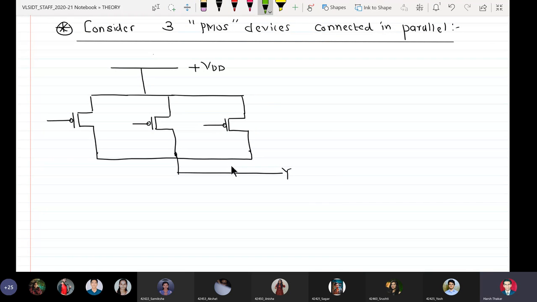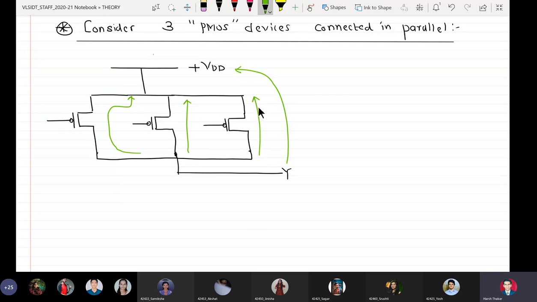There are three possible paths between Y and VDD. So I know that I have to connect this point here. So I have three paths. The first path is this, and this is path number 1, path number 2, and I have the third path.